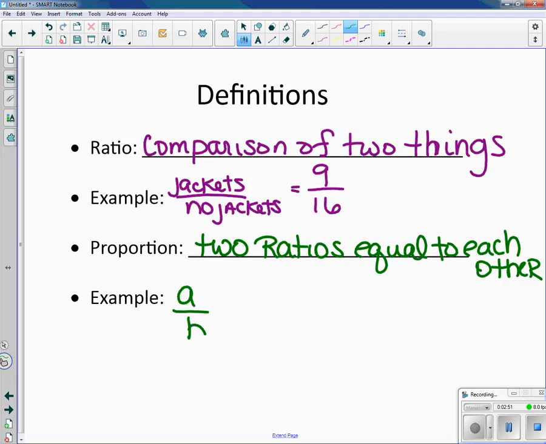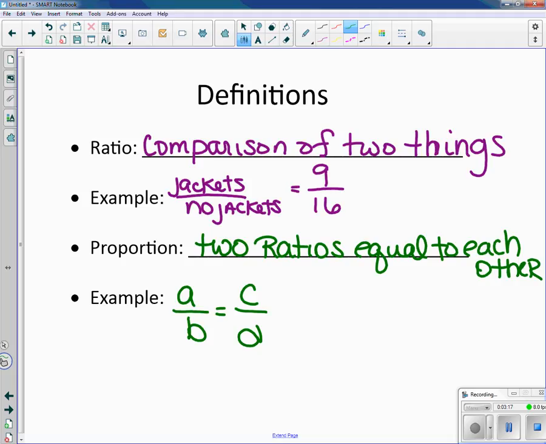A over B is equal to C over D. Sometimes y'all think of this as just cross multiplication. Or, if I was to tell you that the ratio of girls is 2 to 3, if I have 18 boys in the class, how many girls are in the class?